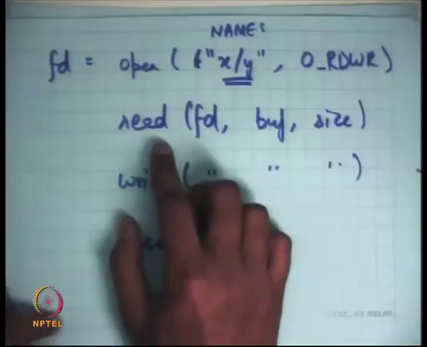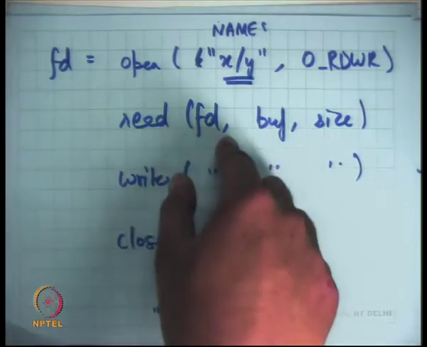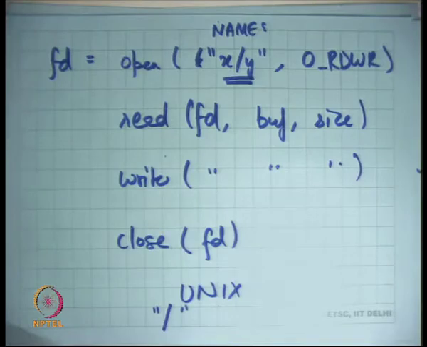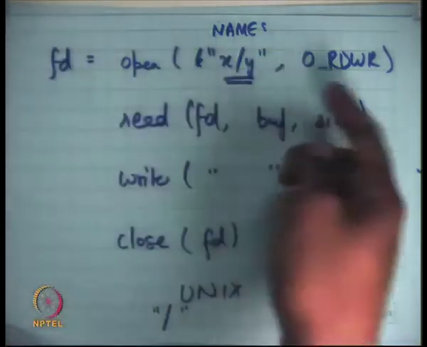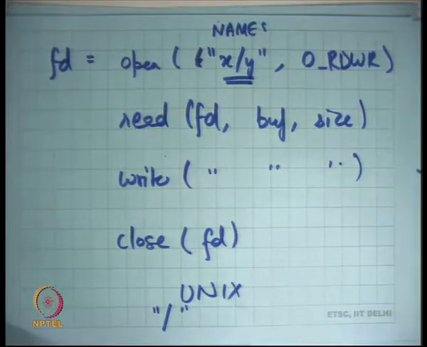Recall that in this interface, when I say read(fd, buff, size), nowhere do I say give an offset. The offset is implicit. When you open a file, depending on what mode you opened it in, let's say read write mode, the offset is initialized to 0, and then as you read or write to the file, the offset is automatically incremented by the amount of data that you read or wrote.